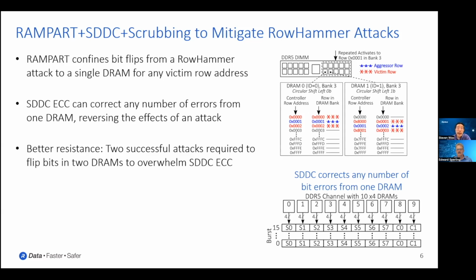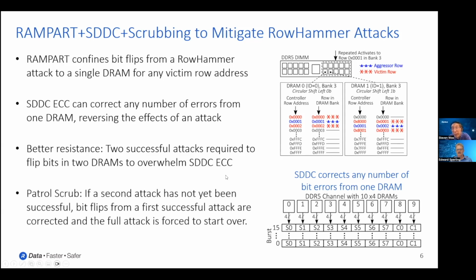I now need a second attack that flips bits in the same victim row address, but in a different DRAM. I need a second attack to be successful. And it turns out that it takes time for these attacks to be successful. Some of these methods, like tracking or probabilistic detection, can really increase the time it takes for one attack to be successful.